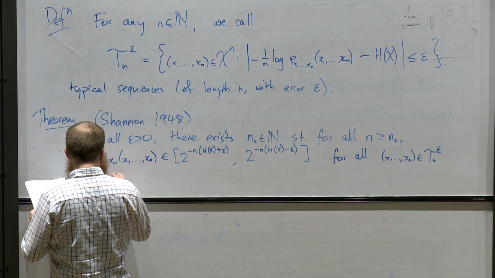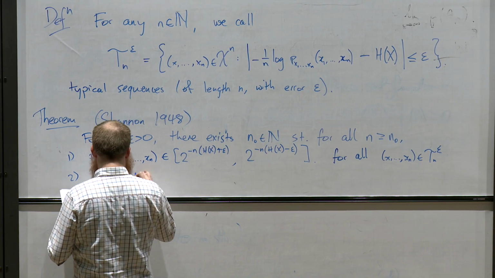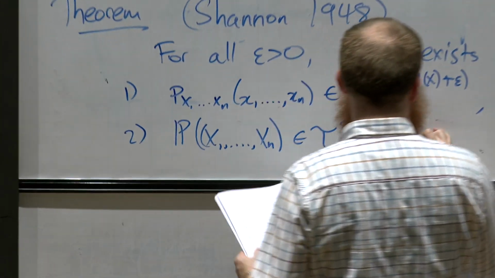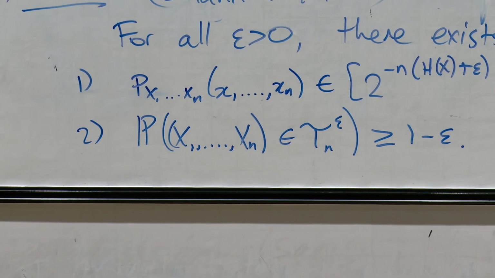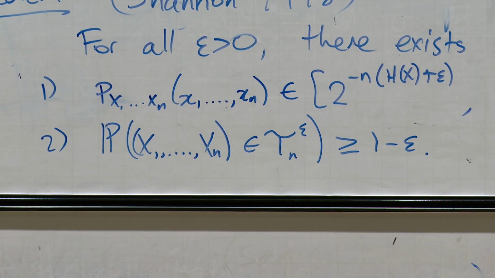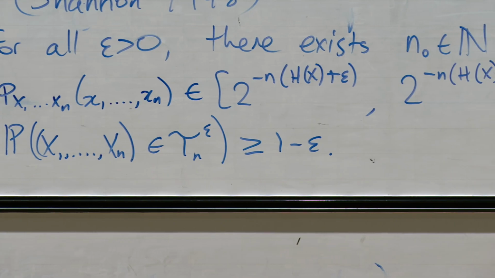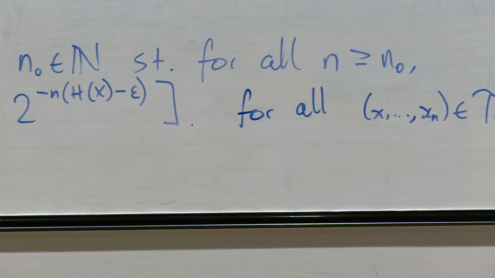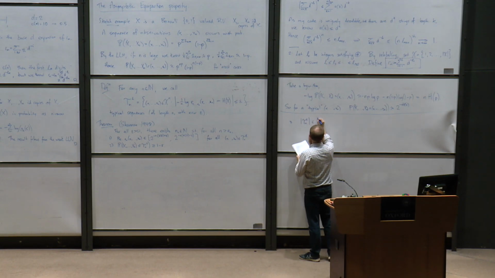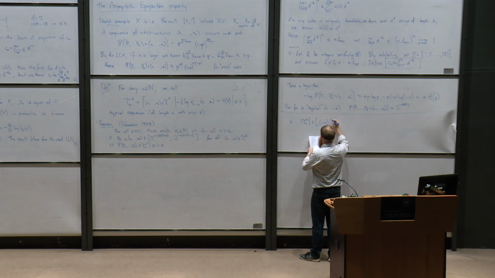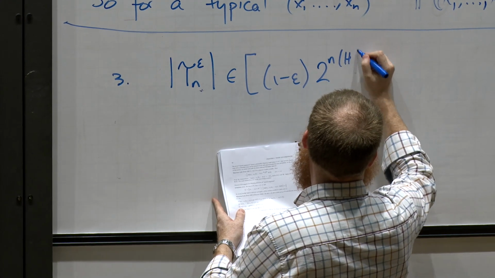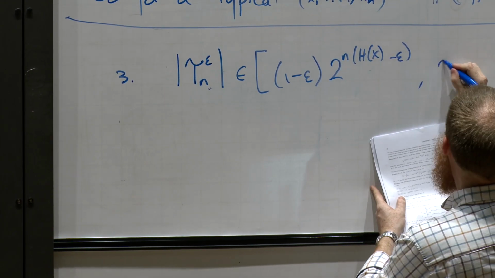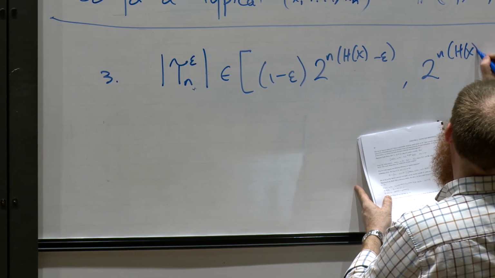Two, the probability that you observe a typical sequence is greater than or equal to 1 minus epsilon. And three, the number of typical sequences is between (1 minus epsilon) times 2 to the n(H(X) minus epsilon) and 2 to the n(H(X) plus epsilon).